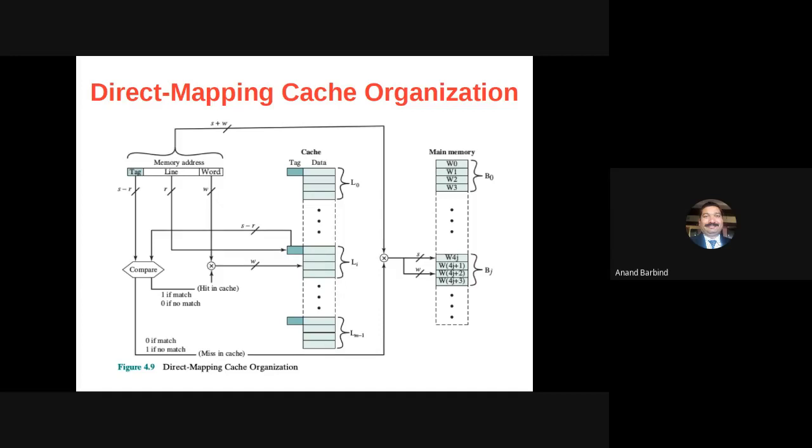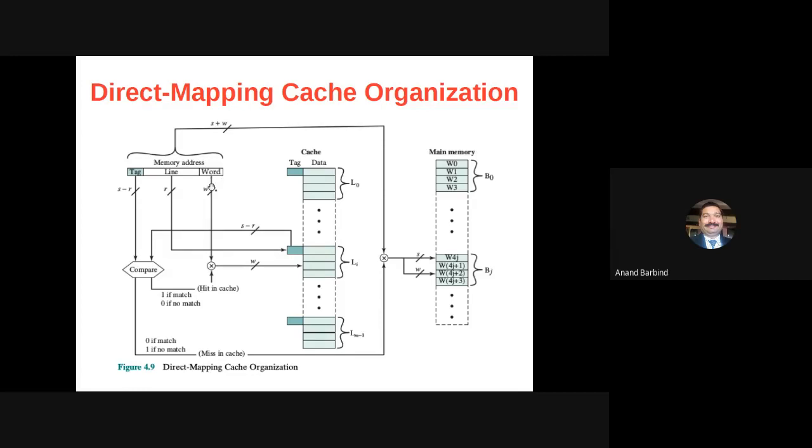Because four words are there, you need only 2 bits. How can you determine how many bits are required? That is 2 to the power n: if we have n bits, then 2 to the power n is the number of locations that can be addressed by n bits.